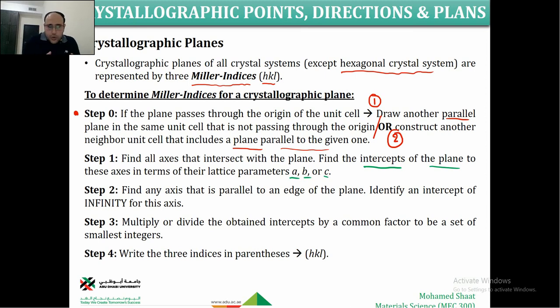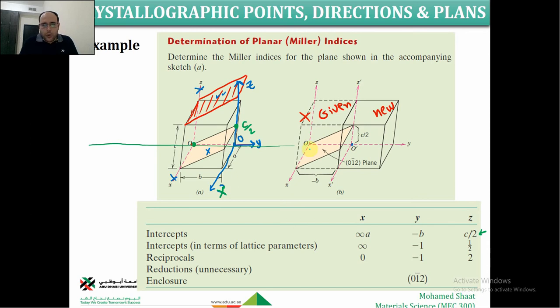Then step 2, your objective is just to find whether the plane is parallel to any axis or not. If the plane is parallel to any axis, you're going to put the intercept with this axis as infinity. And this is the case where the plane is parallel to the x-axis. It is not intersecting.